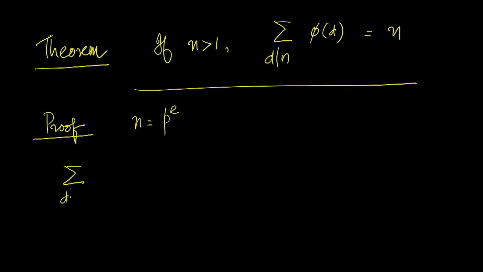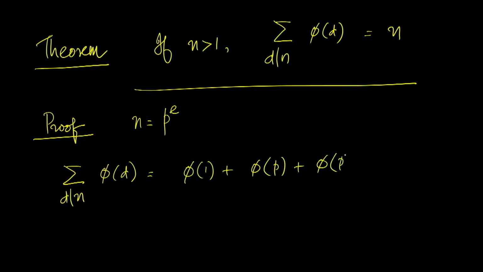Then we are summing over all divisors of n of phi of d. So, this would be phi of 1 plus phi of p plus phi of p squared, etc., all the way up to phi of p power e.